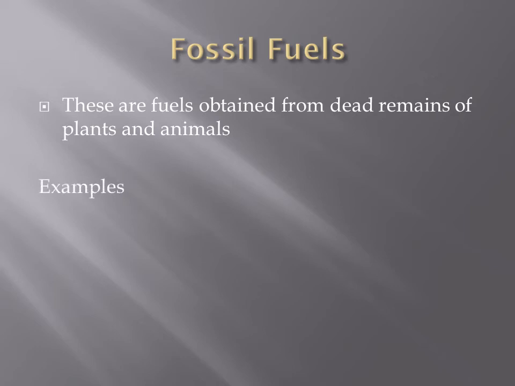Examples of the fossil fuels are coal, and all types of oil like diesel and petrol. These all come in the category of fossil fuels, and natural gas that we use is also a fossil fuel. Whenever a fossil fuel is used, it releases greenhouse gases and carbon dioxide in the environment.